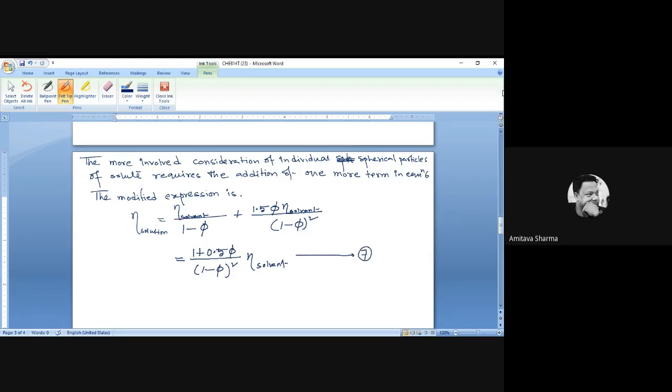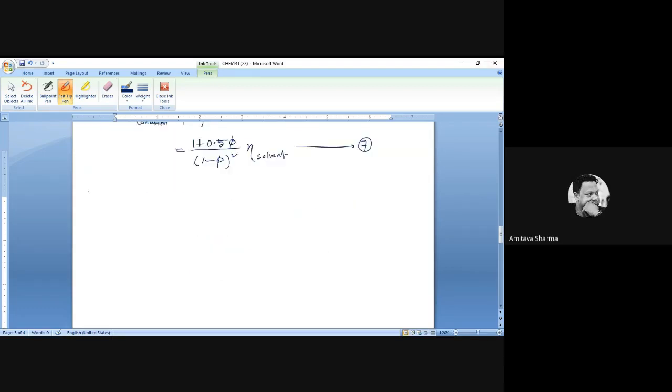Now the alternative form of equation 7 is obtained by the following replacement, which is very important. So what is the replacement?